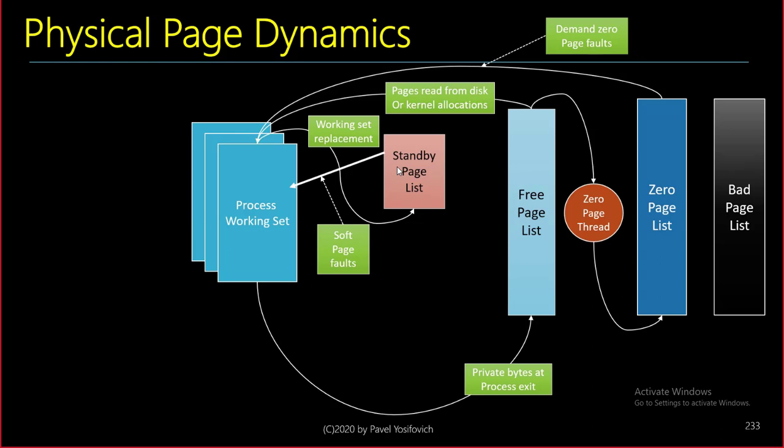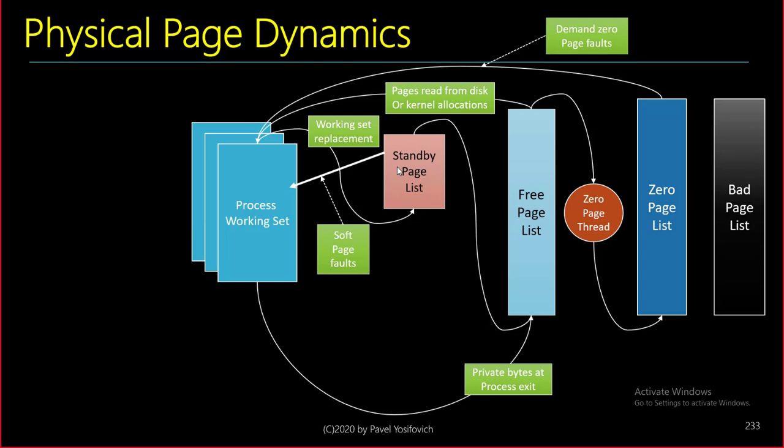Only if the standby page list is very, very big, or the free page list and zero page list become very small, then there's no alternative but to start taking pages from the standby page list and moving them to the free page list to be used by others. That's the point where they lose their connection to the original process.